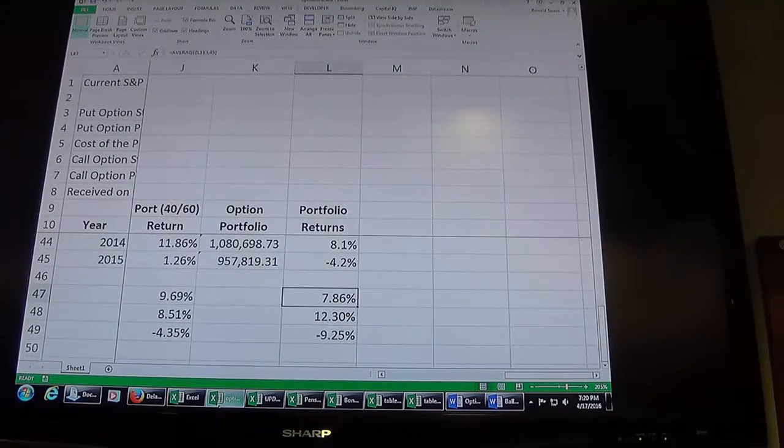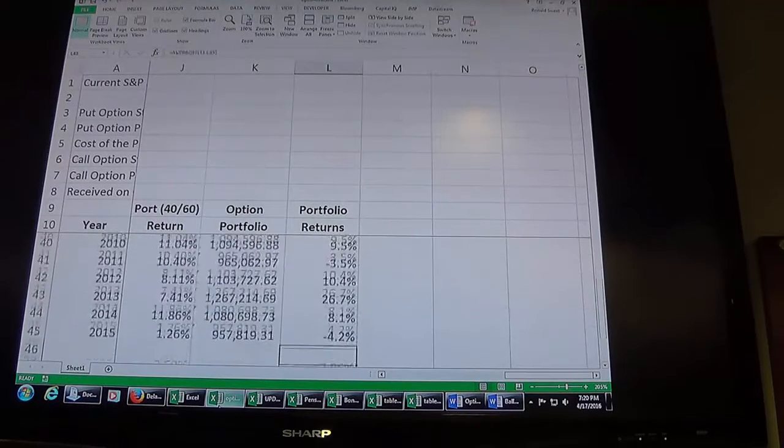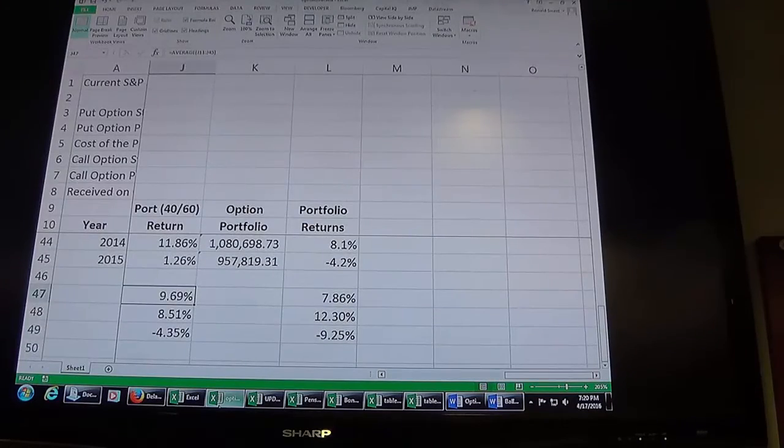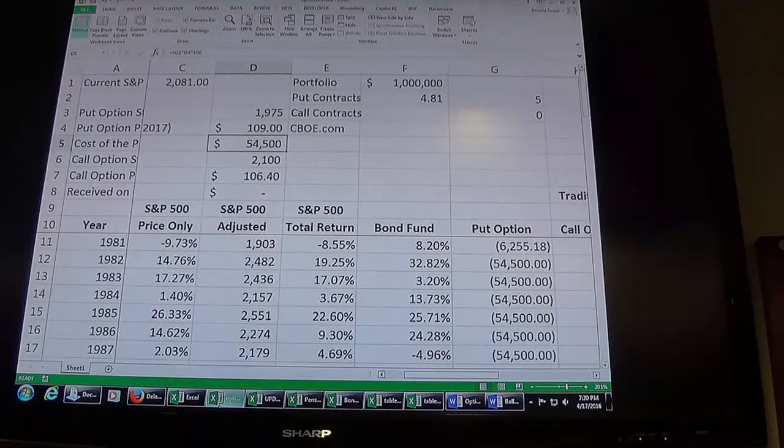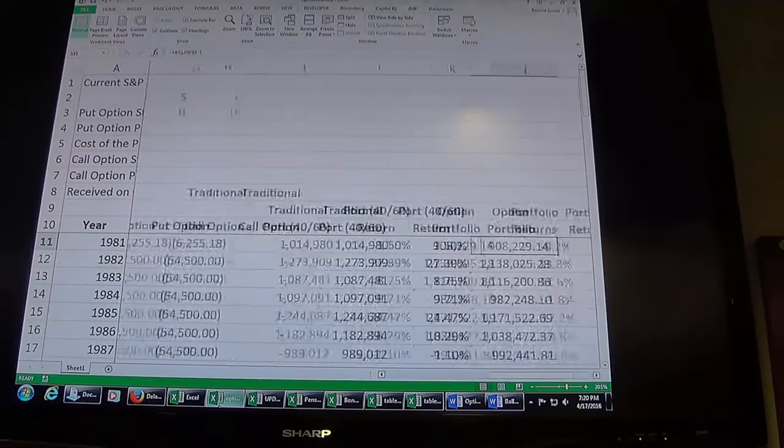If you think about it though, you're getting the huge advantage if you have 100% in stocks during a really strong stock market. But those options are costing you 5% of your portfolio, so that's just killer there. That's the weakest part of the strategy.